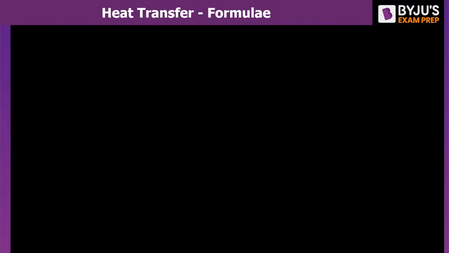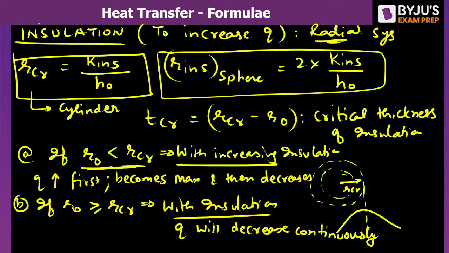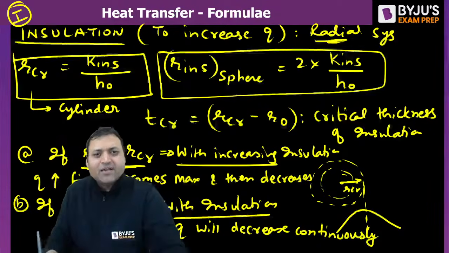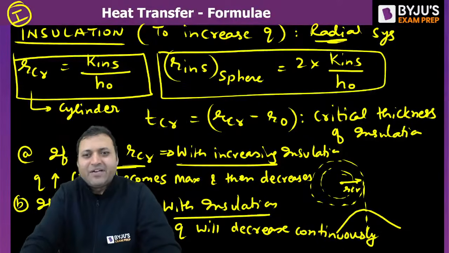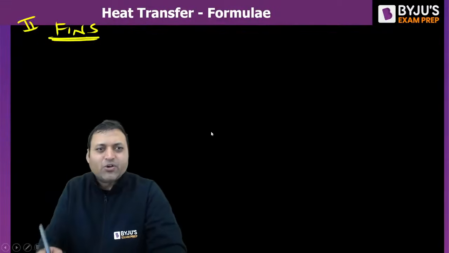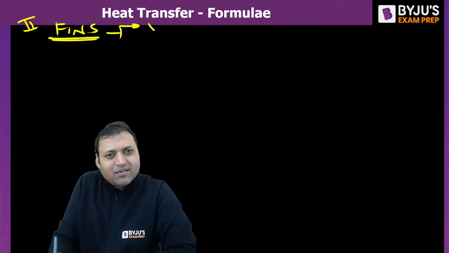Now the second method is the fin theory. The first method is the insulation method to increase the rate of heat transfer. The second method is the fin theory. In fin theory, there are three types of fin we discuss.